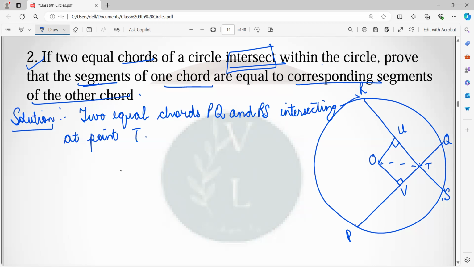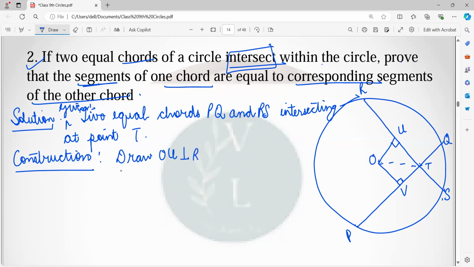Now, what we have drawn from our side is the construction, and we have drawn perpendiculars. So that will be the construction, and that is the given part. The construction is: draw OU perpendicular to RS and OV perpendicular to PQ, right? And next, join OT.